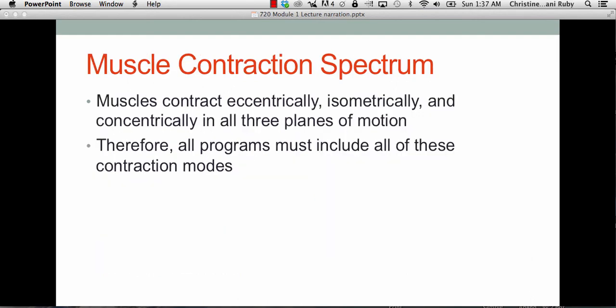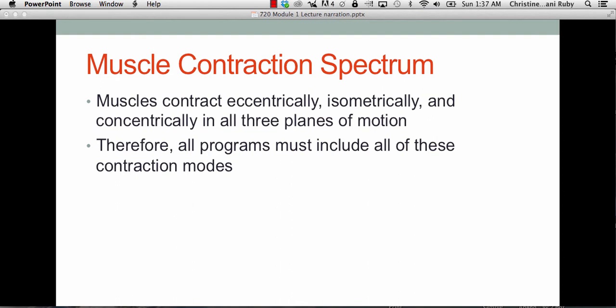We also look at muscles in a muscle contraction spectrum. They contract eccentrically, isometrically, and concentrically. Now, if you're not familiar with these terms, please look them up in the textbook and review. Remember that eccentric contractions are lengthening contractions, so the muscle is lengthening as it's contracting.